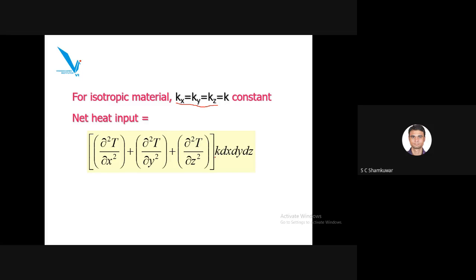So in first law, there were three parameters. First parameter is net heat input plus the heat generated within a rectangle is equal to the change in internal energy of rectangle. So out of that, we have calculated now the net heat input. Now what we will calculate? The heat generated.